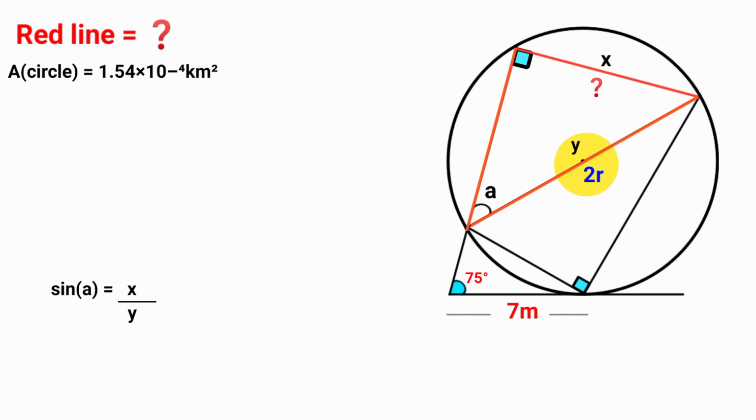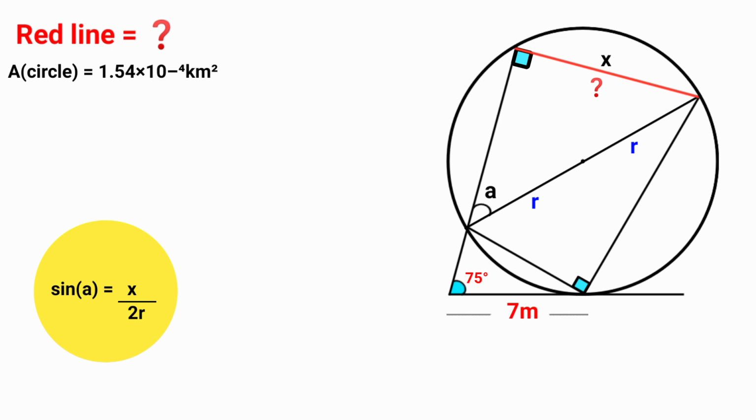So if we locate the midpoint of the diameter, which is the center of the circle, this line segment and this are radii. So y equal to r plus r, r plus r is 2r. Substitute here. So sin A equal to x over 2r.